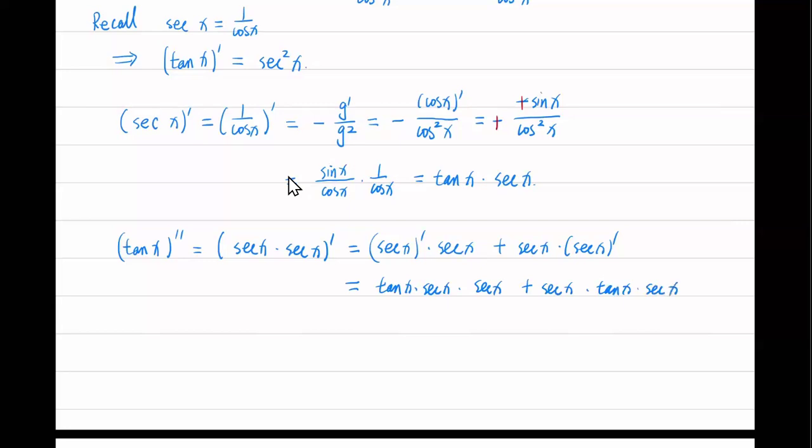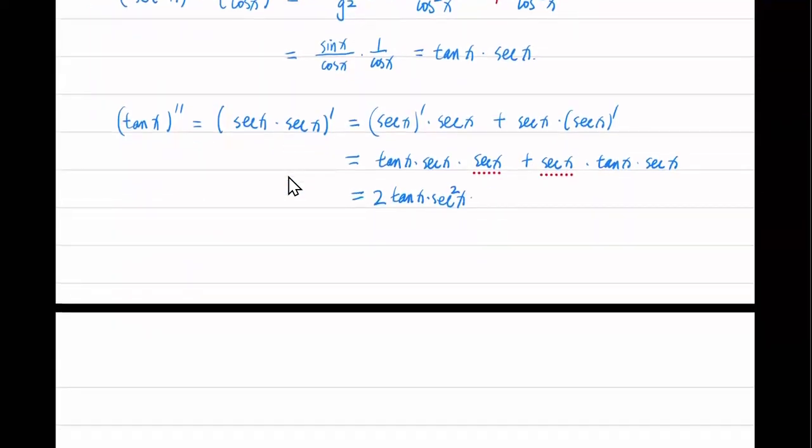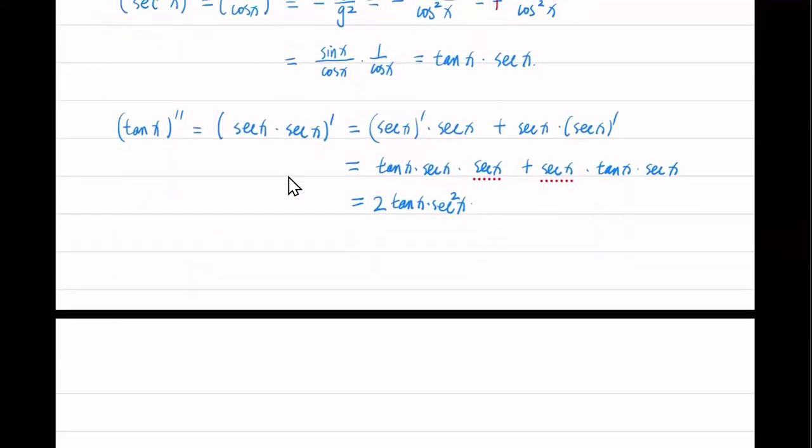Okay, so this is one tangent secant square, another tangent secant square, so twice of this.